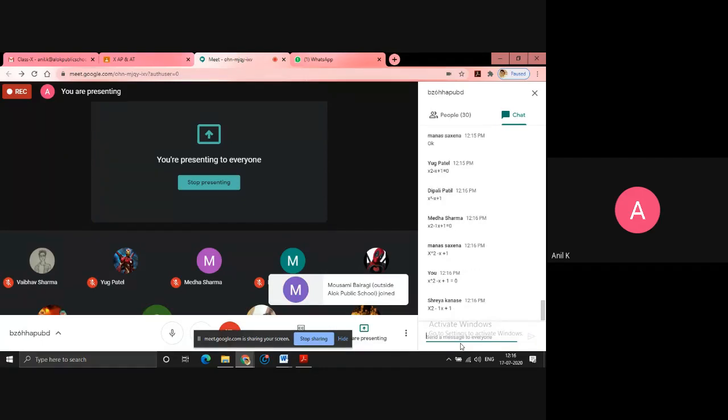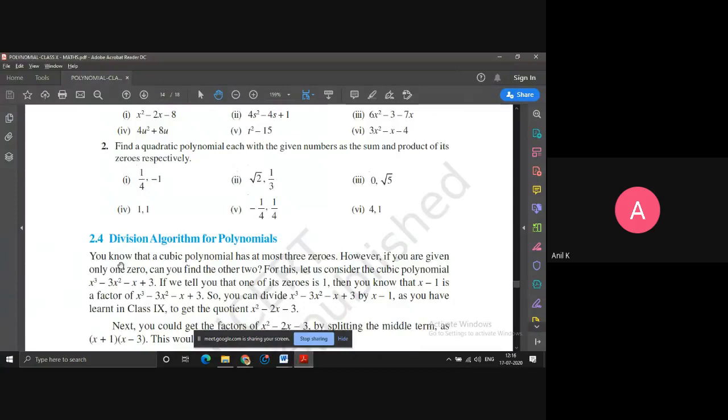Yes, perfect. So here 1 into x is x only, so generally we don't write the 1. All your answers are right. So like this, you can try the entire question set.